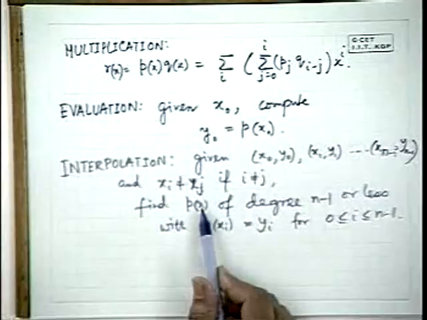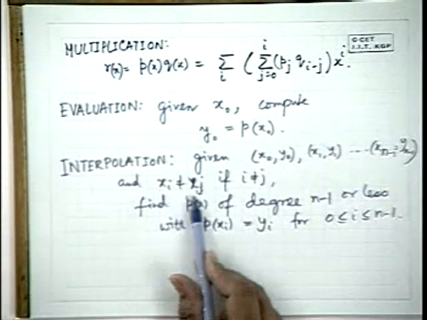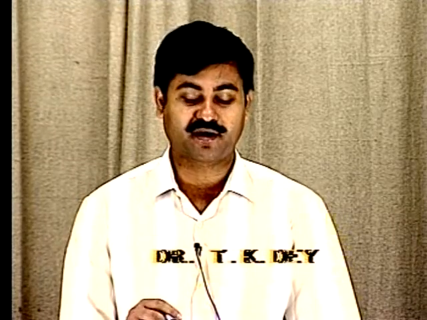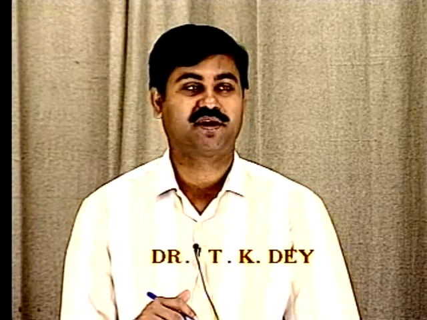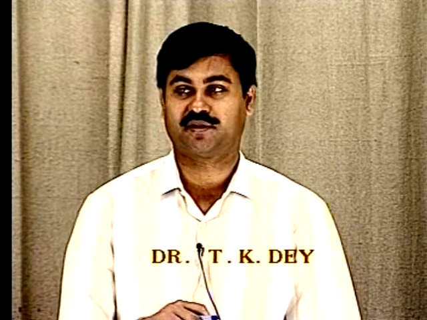Okay, and the condition is that the two points where you are evaluating should not be the same, xi not equal to xj if i not equal to j, because otherwise it does not give you any extra information. To get a polynomial of degree n minus 1, you need at least n distinct values, otherwise you cannot even interpolate that polynomial. So these are the operations.